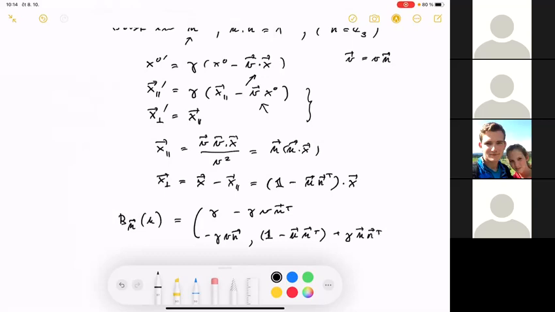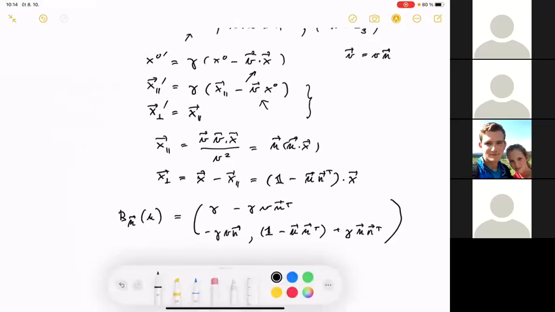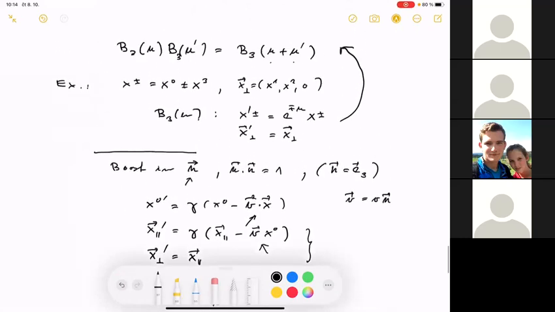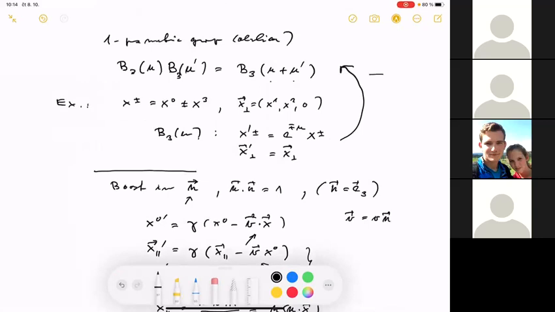And this is this. So this is the boost along the direction n. And again, if we keep n fixed, these boosts along the fixed direction form an abelian subgroup of the Lorentz group. And again, the composition rule looks like this.